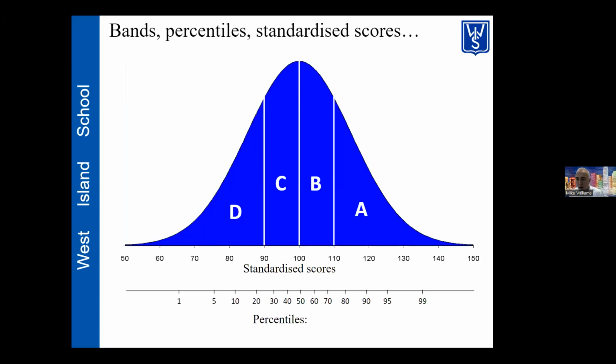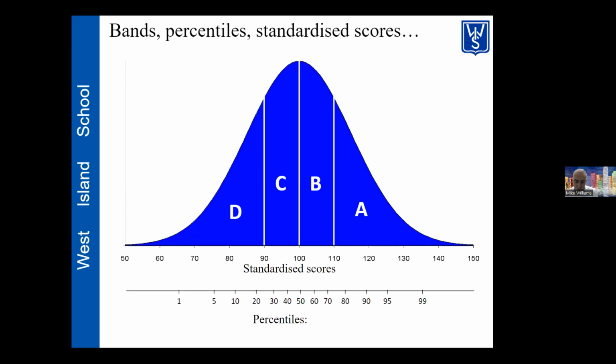At West Island School, our average score is around 110, which shows the ability of our students is much higher than what we call the national average. When I say national, this is a UK-based system used in UK schools or international schools which have a UK curriculum. So it's the average UK student.